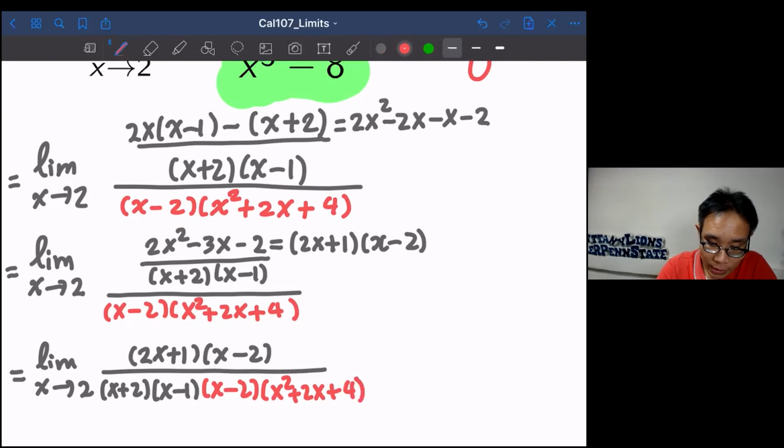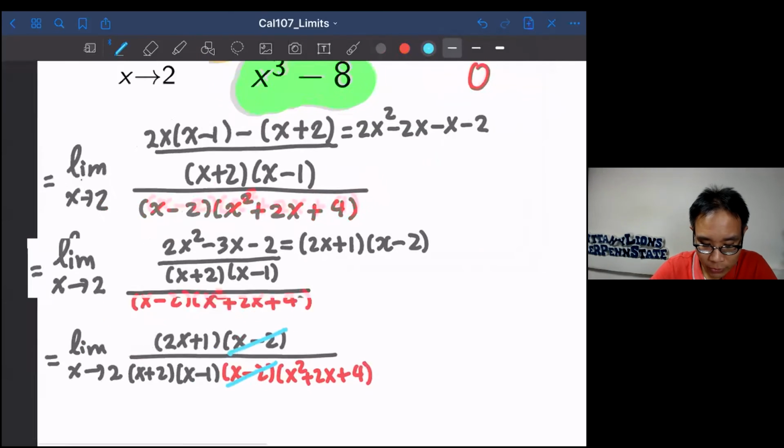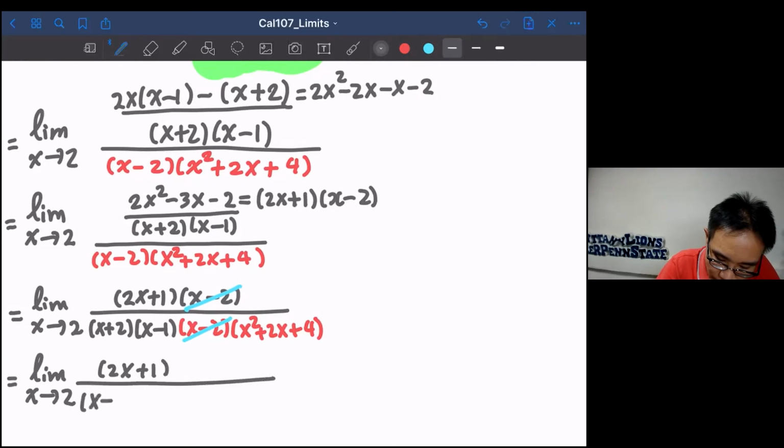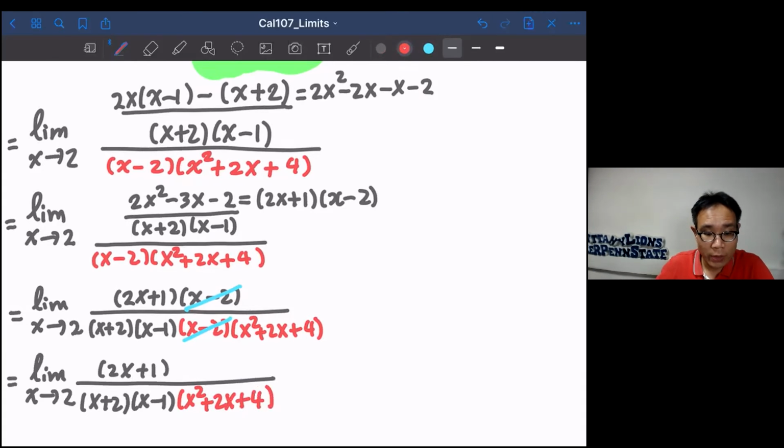Now you'll be able to get rid of x minus 2 and x minus 2, the term that caused the problem. Finally, you take the limit as x goes to 2 of 2x plus 1 over x plus 2, x minus 1, and x squared plus 2x plus 4.